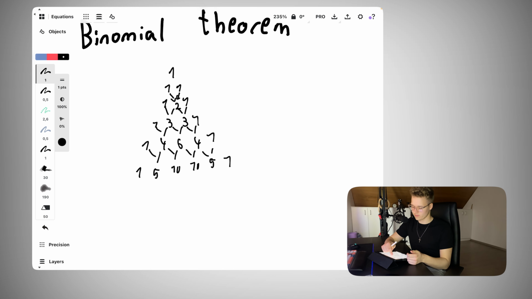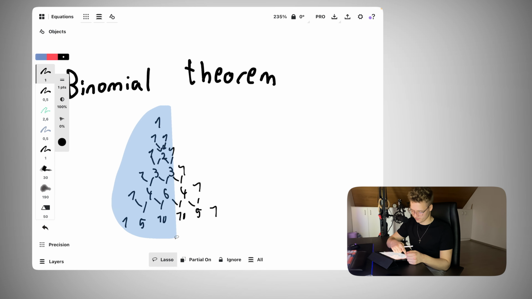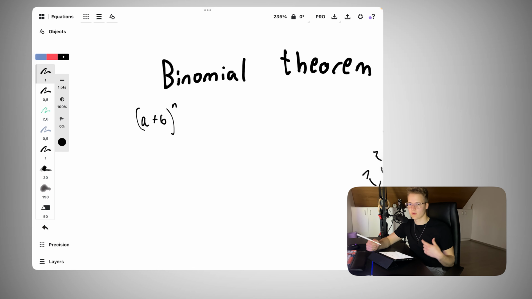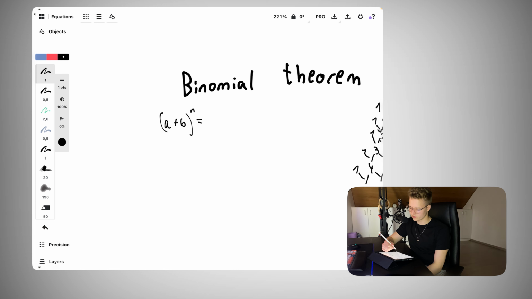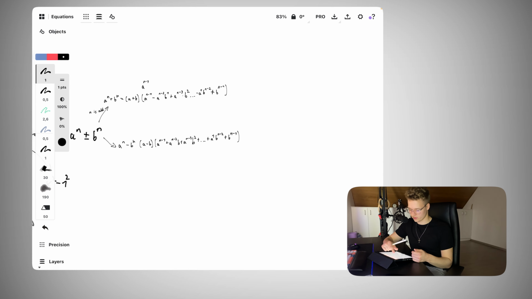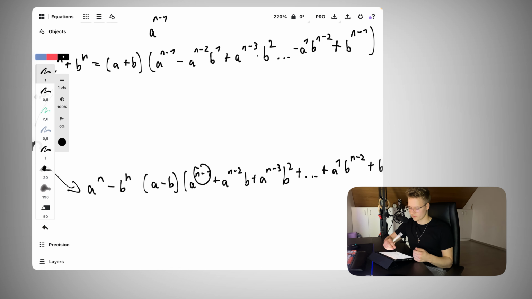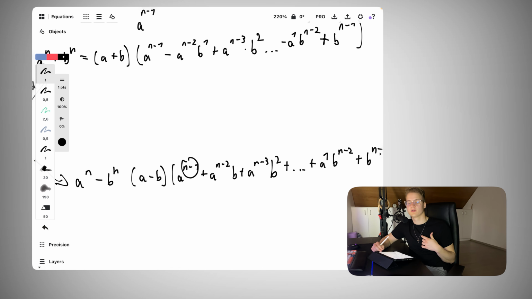Now the reason we have it is because we're going to use it here. Say you have a plus b in parentheses to the power of n. How do you solve this? Well, it's basically going to be the same as we had with this case here, where the power of a decreases by 1 each time, and the power of b increases by 1 each time.